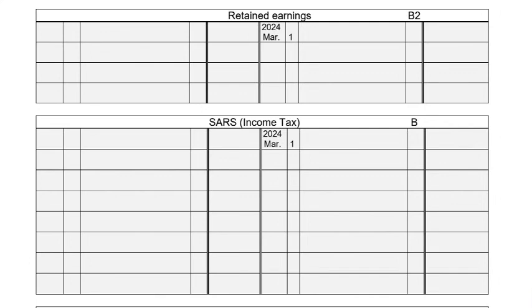Retained earnings account. On the credit side, 2024, March the 1st, we'll have our balance brought forward.